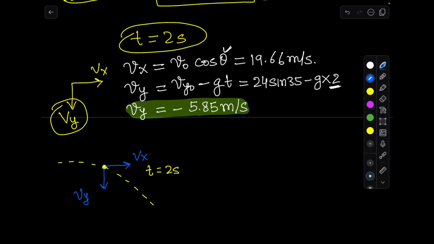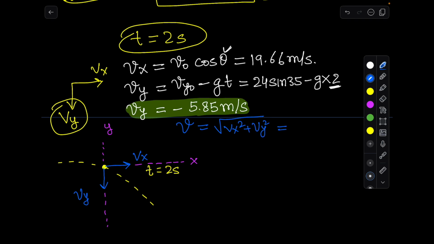Now let's make this. As you know, this is our x-axis and this is the y-axis. We have already calculated, or now we can calculate, V. It will be the square root of Vx square plus Vy square.